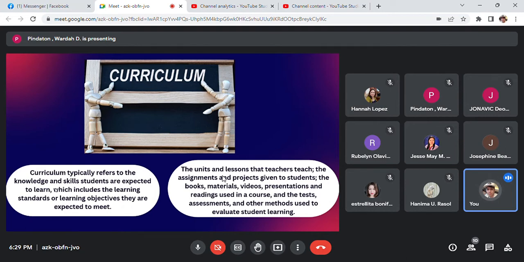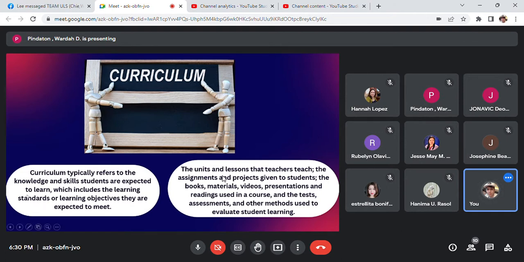The units and lessons that teachers teach, the assignments and projects given to students, the books, materials, presentations, and readings used in a course, and the tests, assessments, and other methods used to evaluate student learning.